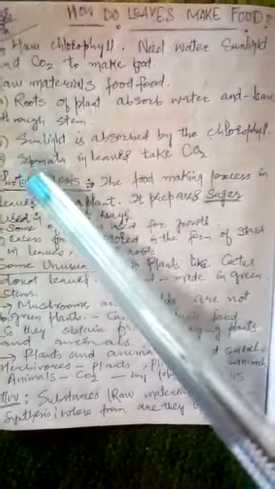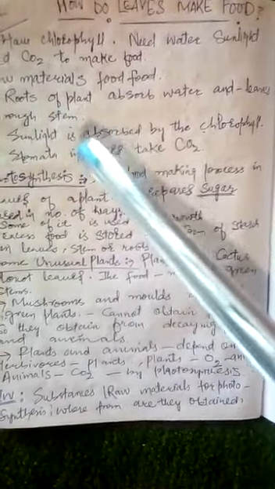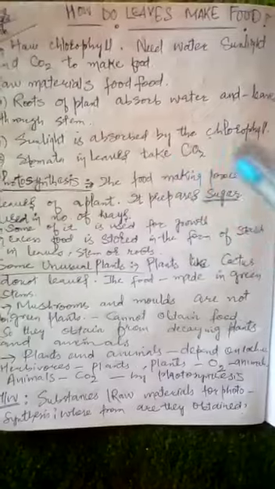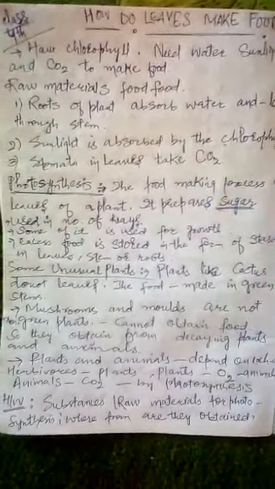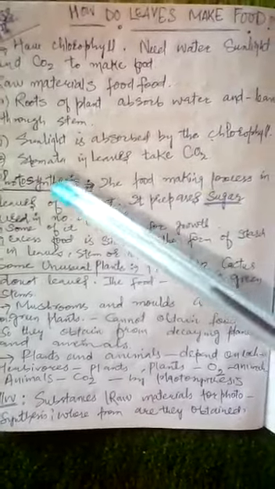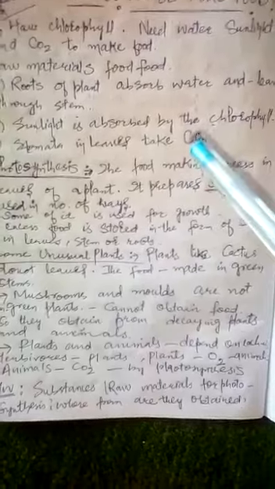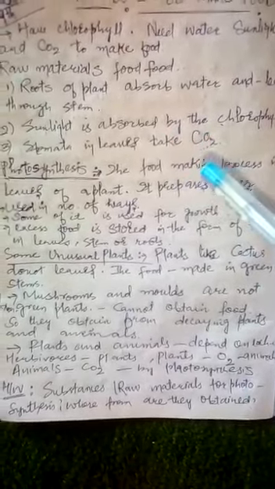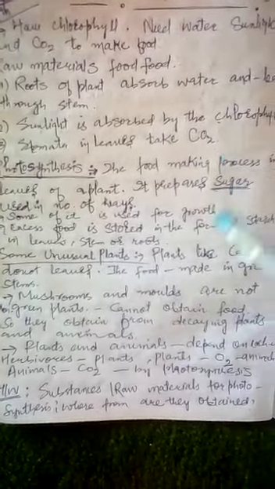Second is sunlight. Students, the sunlight is absorbed by the chlorophyll when it falls on the leaves. The third raw material is carbon dioxide, and where from is it taken?